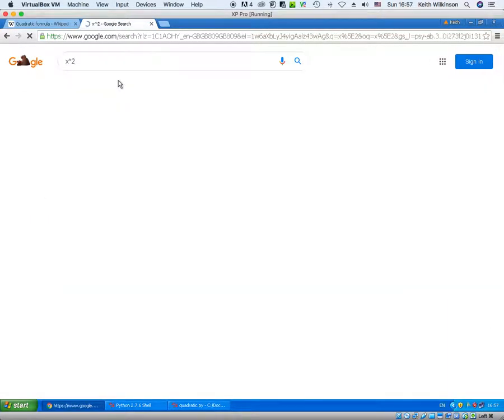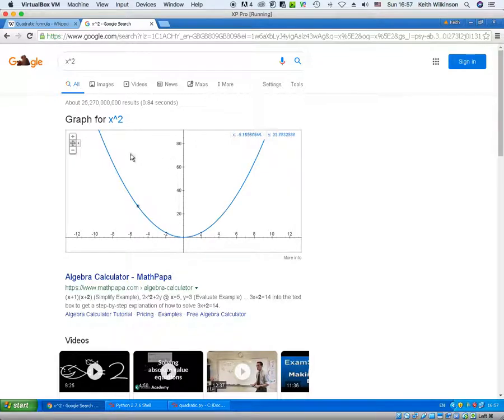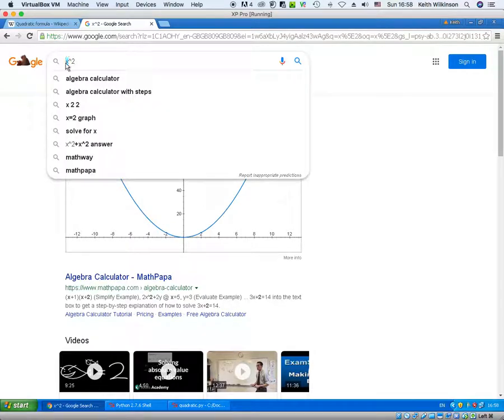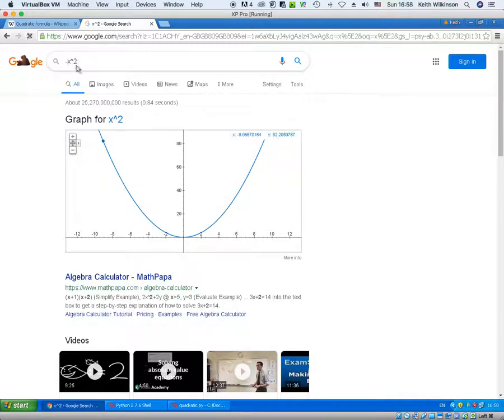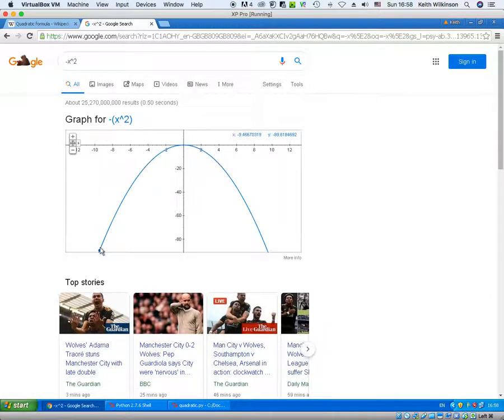So a graph of x squared is a U shape because it's positive, and there's the root right there, and if I negate that and press enter, I get the graph, a quadratic, but this time upside down and in an N shape with the root there.